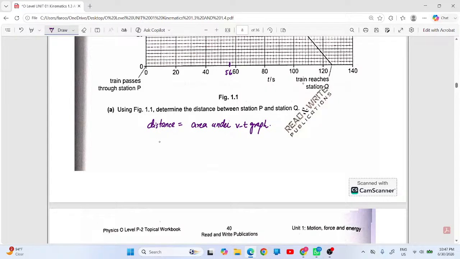Next, distance equals 1/2 times the sum of the parallel sides times the distance between them.